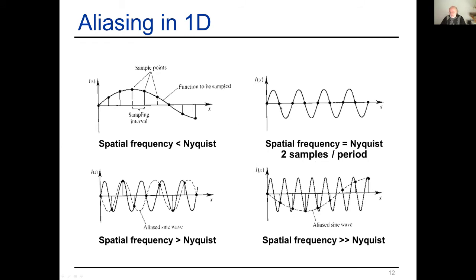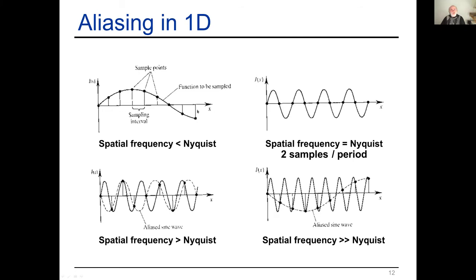Now, sampling at exactly the Nyquist limit is not enough. You actually have to sample at more than twice the frequency. So here I'm sampling at exactly twice the frequency, and here on the top right, you see that if I'm unlucky, I just happen to sample this sine function twice in each wave period, but just happen to sample it when it's 0, right?